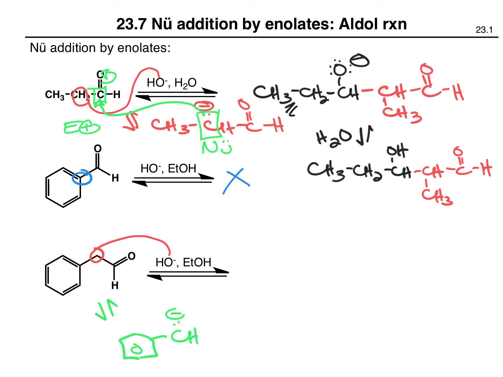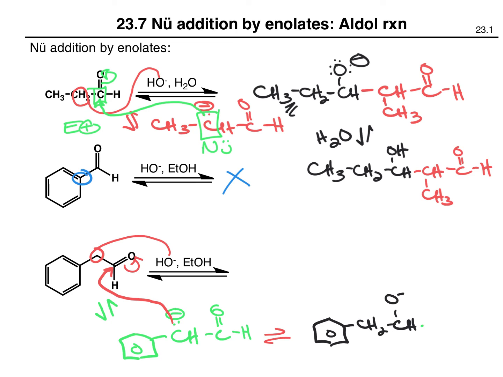I'm going to write out a little bit more. This enolate can now act as a nucleophile, share its electrons with the unreacted aldehyde, and that will lead to some of this, and then this can grab off a proton.